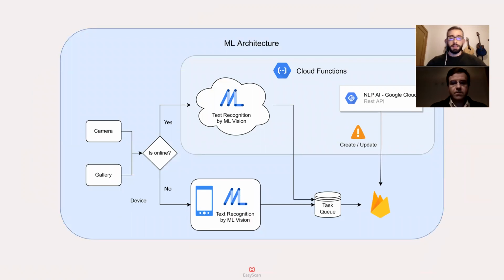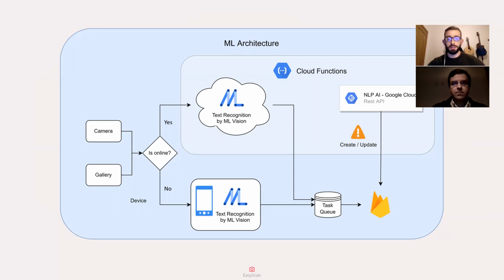So, talking a bit more about the process of text recognition and all the analytics that EasyScan provides, I'm going to explain how the process is done. Firstly, the user can take a picture using the camera, or just upload an image that is saved in their gallery.